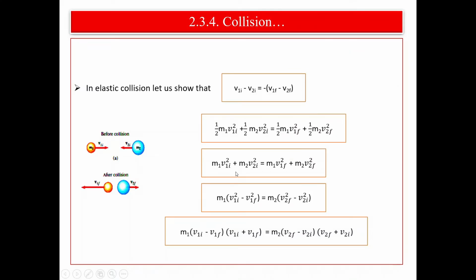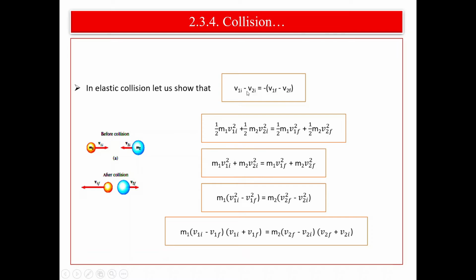This is the initial value for mass 1 and mass 2, and this is the final value for mass 1 and mass 2. So for mass 1 we have v1, for mass 2 we have v2, in the initial case as well. That's why we make a correction in this.